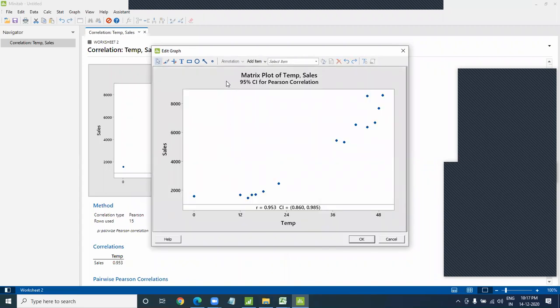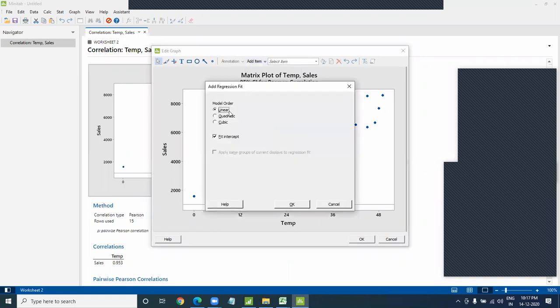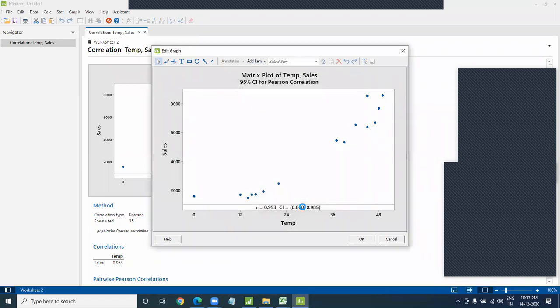So here the same R value shows up. What we need to do is go to add item, click on regression fit. It's chosen as linear. Just let it be there. Click OK. You'll see a line.